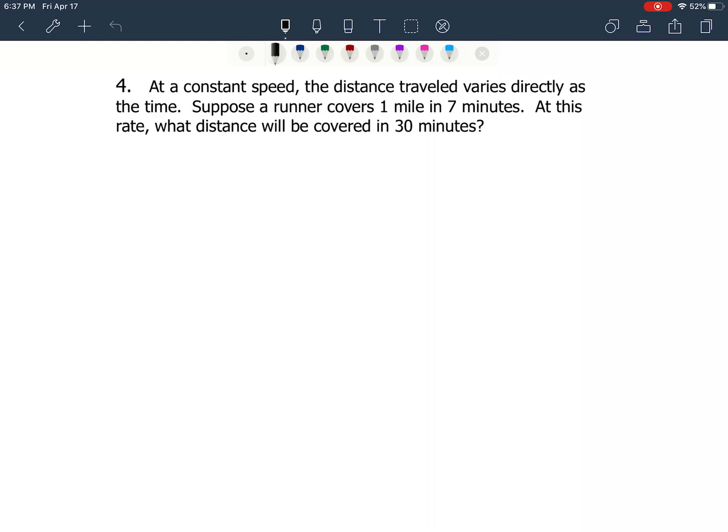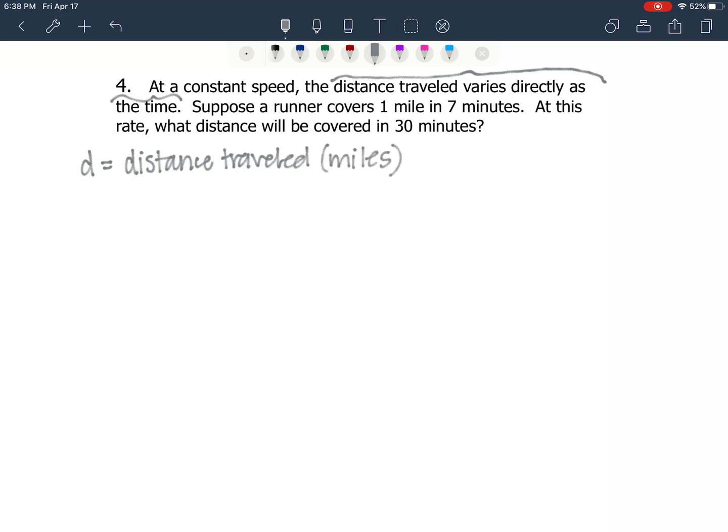So we're talking about distance traveled varies directly as the time. That's going to be our formula. So we have to decide, distance traveled, I'm going to let that equal D. So D equals distance traveled, and it looks like distance traveled is going to be in miles, so I'm going to put miles in parentheses.